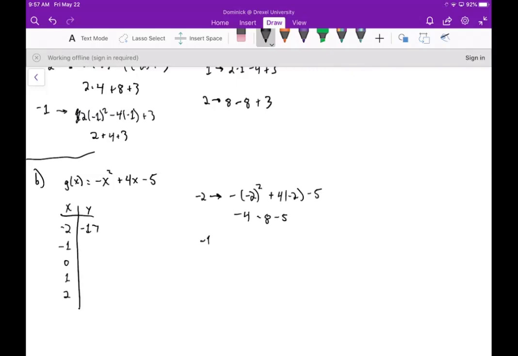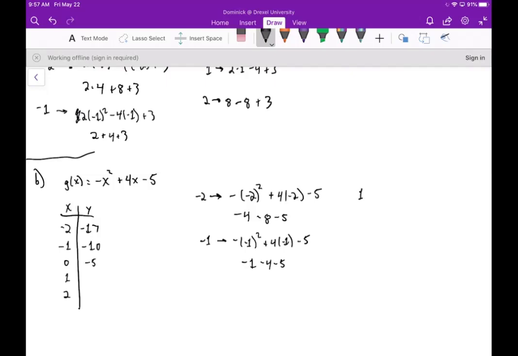Okay, if we plug in a -1, we're going to get a -1 squared plus 4 times -1 minus 5. So we're going to get -1 minus 4 minus 5. So that's -10. If you plug in 0, you can see that you're just going to end up with -5.